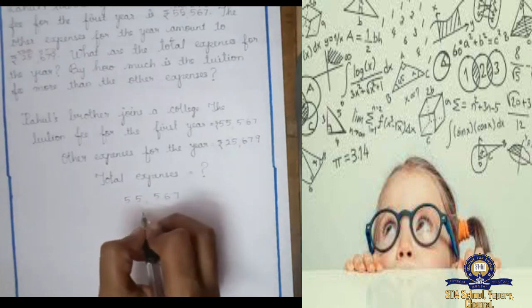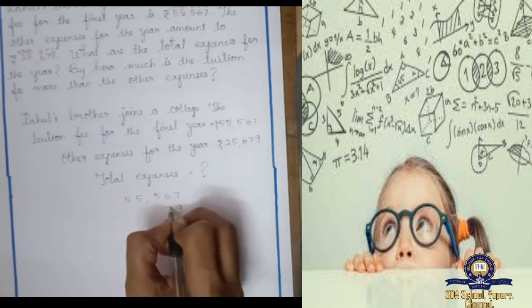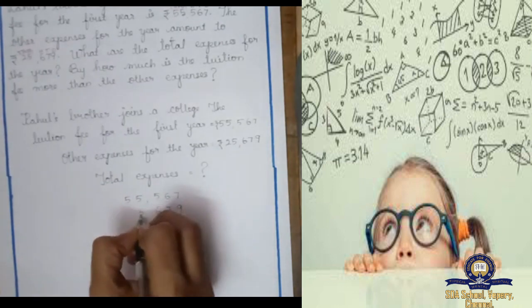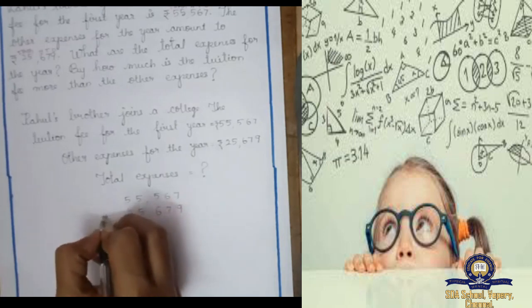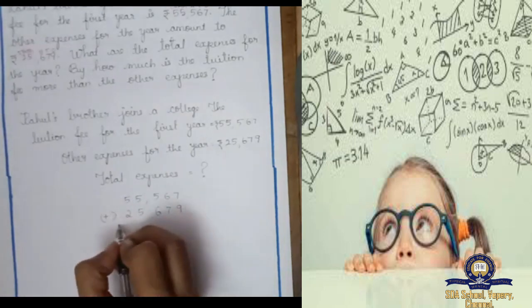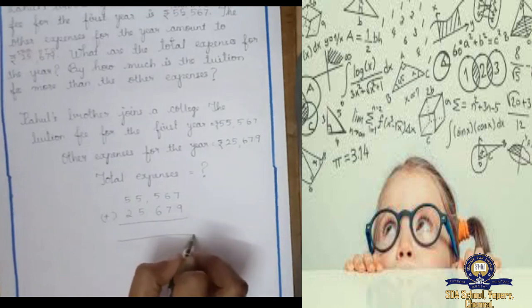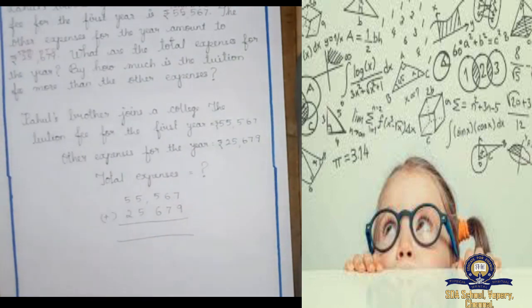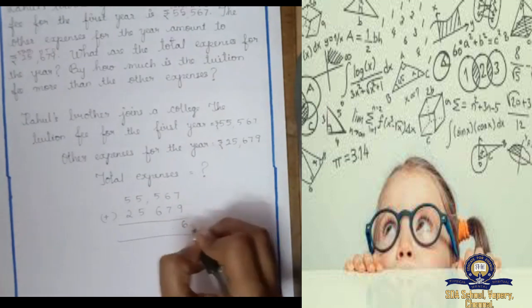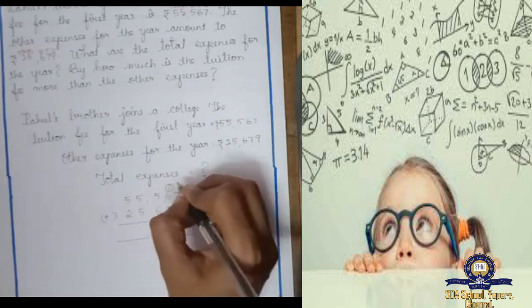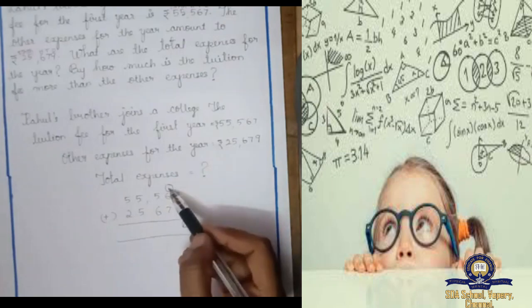55,567 plus 25,679. So add 7 plus 9 is 16. 6 carry over 1. So 6 plus 1 is 7.